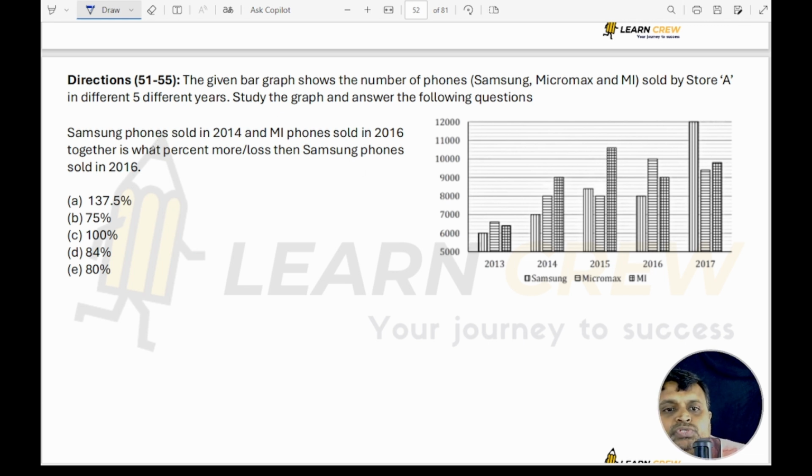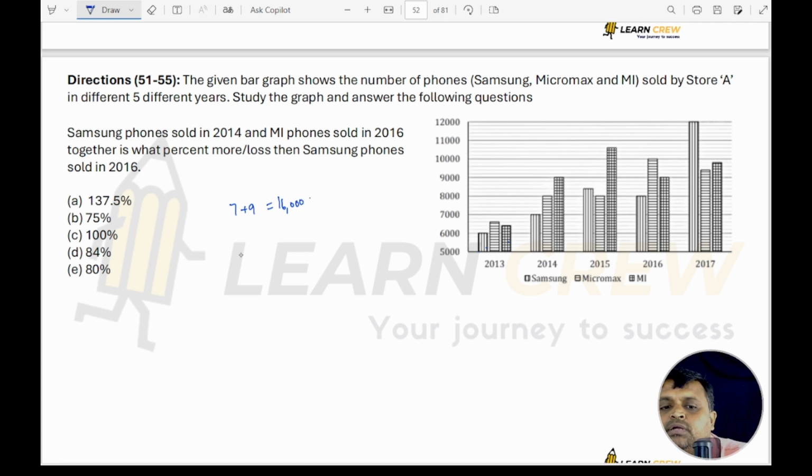Now Samsung phones sold in 2014 and MI phones sold in 16 together is what percentage more or less than Samsung phones sold in 16? So Samsung, Micromax and MI. So 2014 Samsung is how much? 7,000. And MI phones in 16 is how much? 9,000. 7 plus 9 is 16,000.